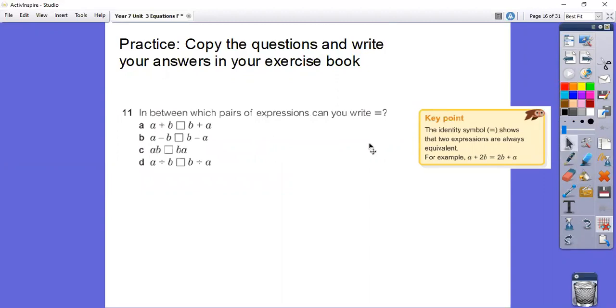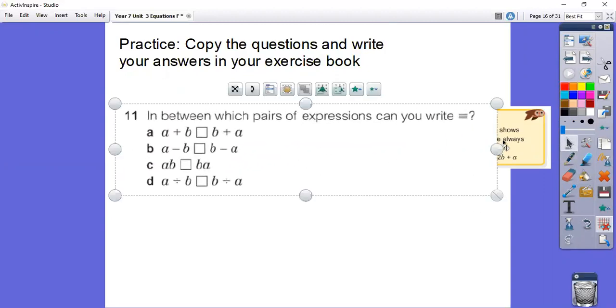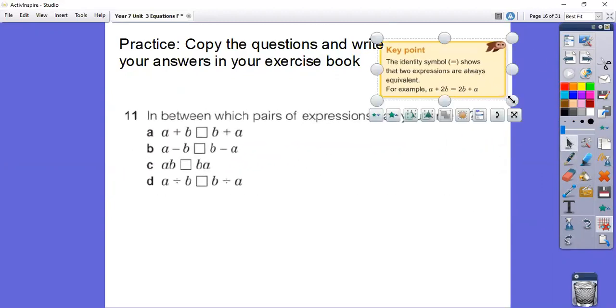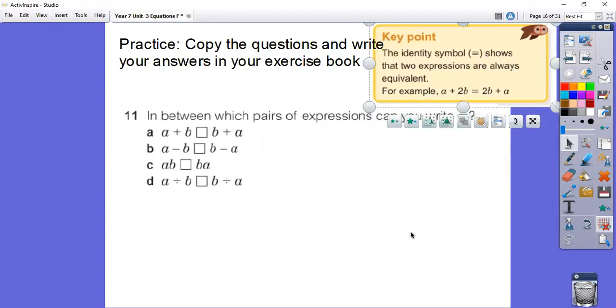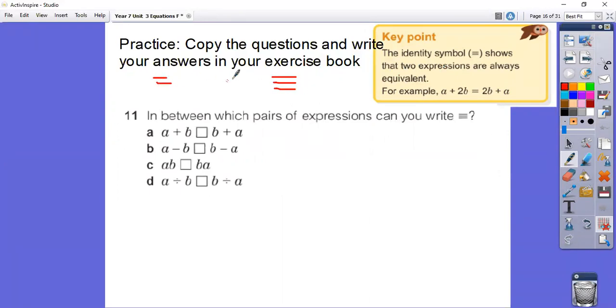And then for question 11, if we've not gone through this before, the identity symbol looks like this. It means equals to, the same as. Here, this is with 3 lines, it's called the identity. It shows that the two expressions are always equivalent.